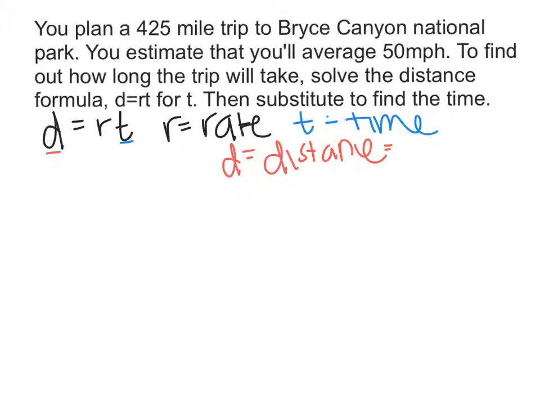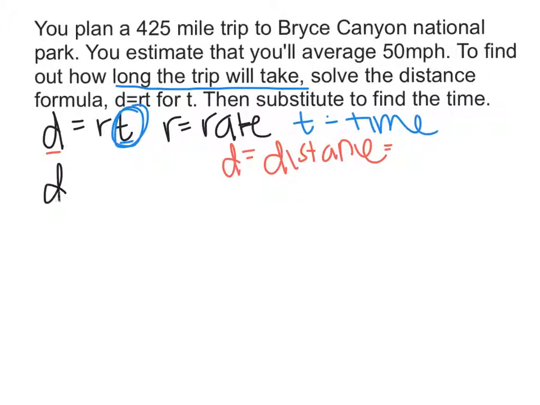Okay, so since we're looking for how long the trip will take, we know that we're solving for t, right? Because we're looking for the time that the trip will take. We don't know. So first we need to solve our distance formula for t, which we know how to do, right?